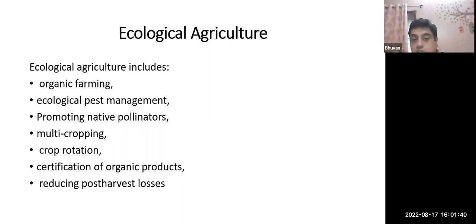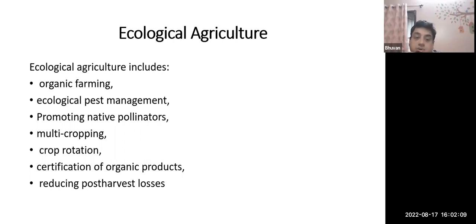But in polyculture, the susceptibility is reduced, and also the fertility of the soil is enhanced or restored. Then we have to take care of the crop rotation pattern. The wheat-rice crop rotation pattern must be discarded, and instead of that, we have to focus on other sustainable crop rotation patterns.